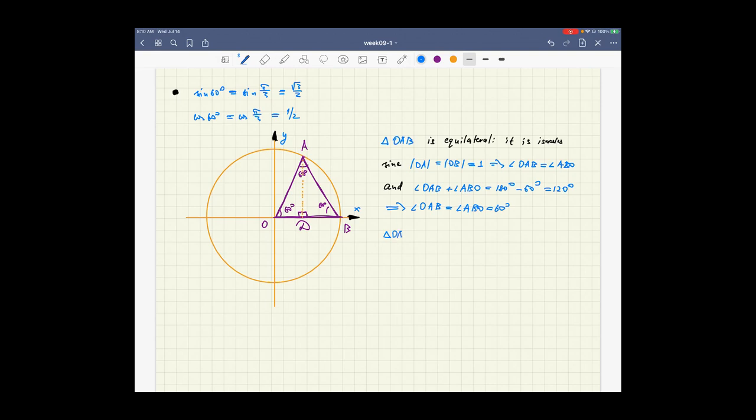Triangles OAD and ABD, as right triangles, share one side, having equal hypotenuses. Hypotenuses are of course 1, and equal angles.